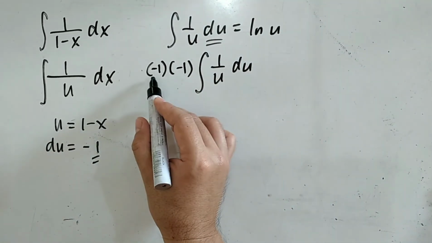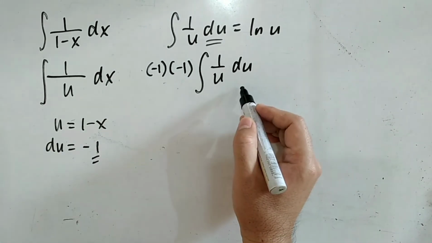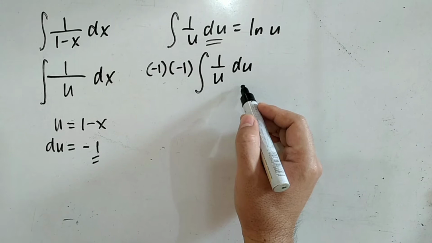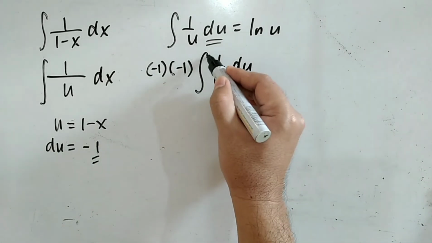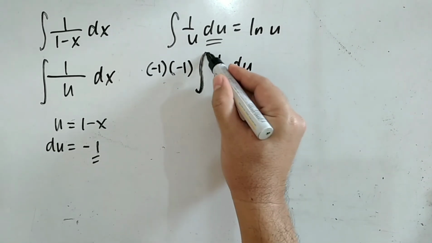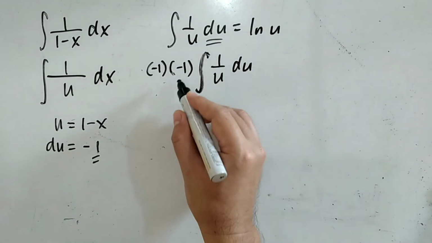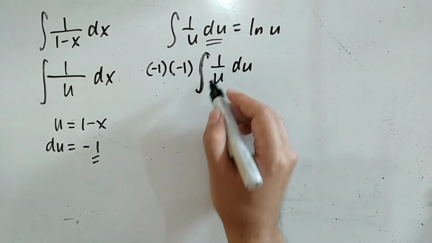We know that this is the same as positive 1, and multiplying an expression by positive 1 does not change that expression. So we can take a constant out of the integrand, or let the negative 1 enter the integrand.